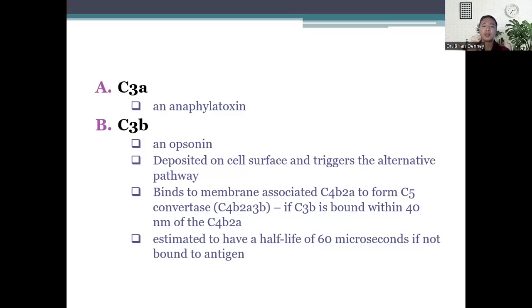What I want you to note is that C4b2a, or the C3 convertase, when cleaving C3, forms C3a and C3b. Your C3a does not participate, it is just an anaphylatoxin.